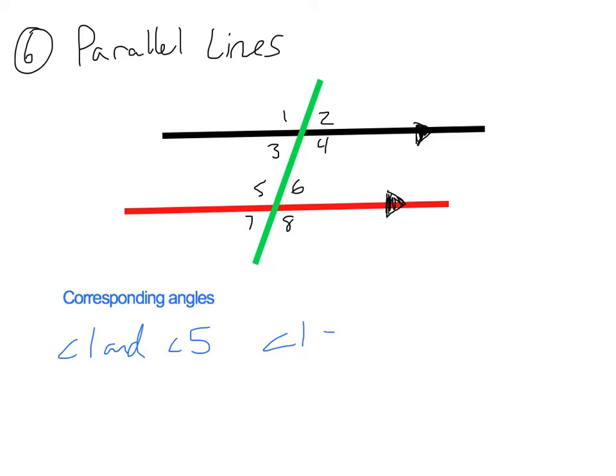Angle 1 equals angle 5. So when there's a transversal that cuts parallel lines, corresponding angles are not just corresponding; they are the same.